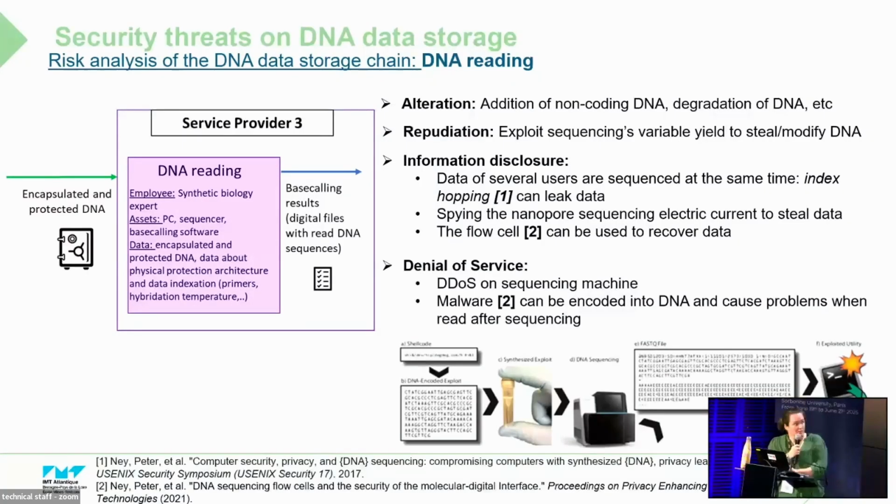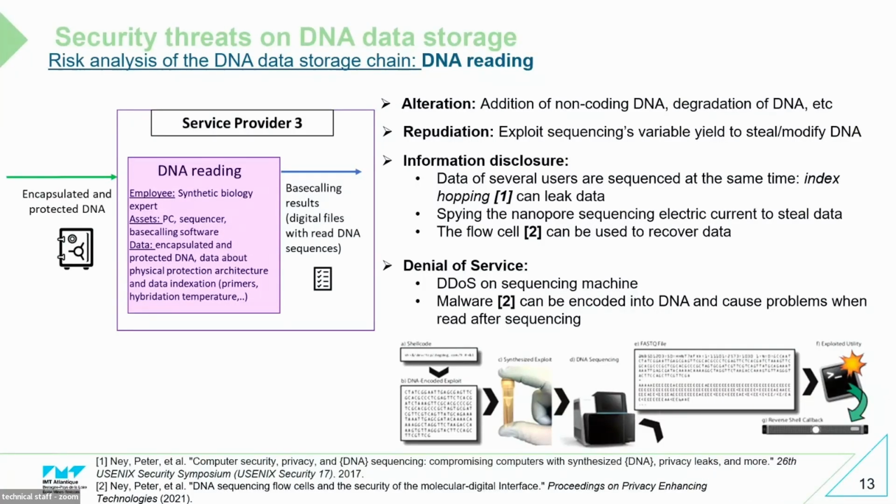And finally, a denial of service attack that was also published in 2017 shows that it's possible to encode malware into DNA that, when read after sequencing, will cause problems to the computer it's been read on, as it contains a digital virus.